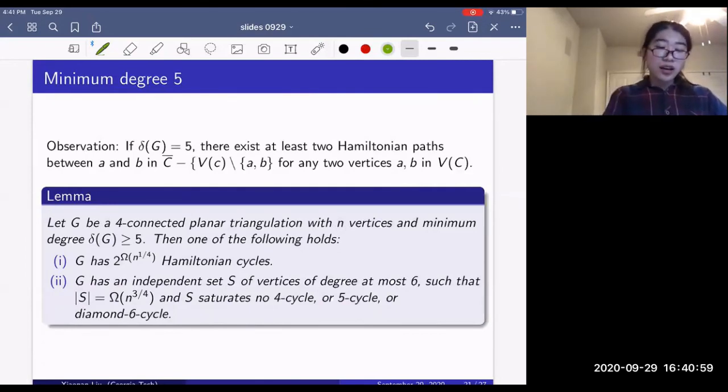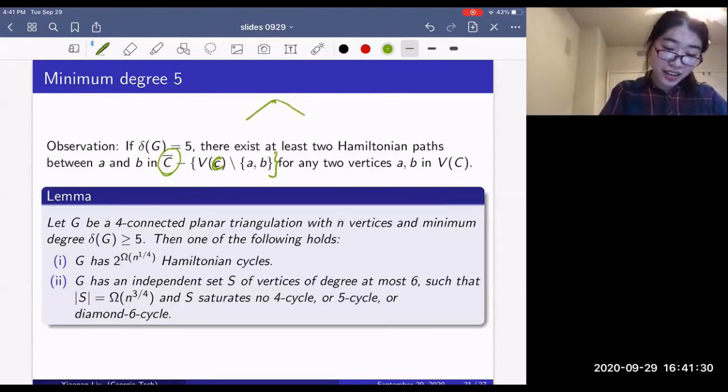For the observation, if delta G equals 5, then there exist at least 2 Hamiltonian paths between A and B. Here the overline C means the subgraph bounded by the cycle C, minus AB.